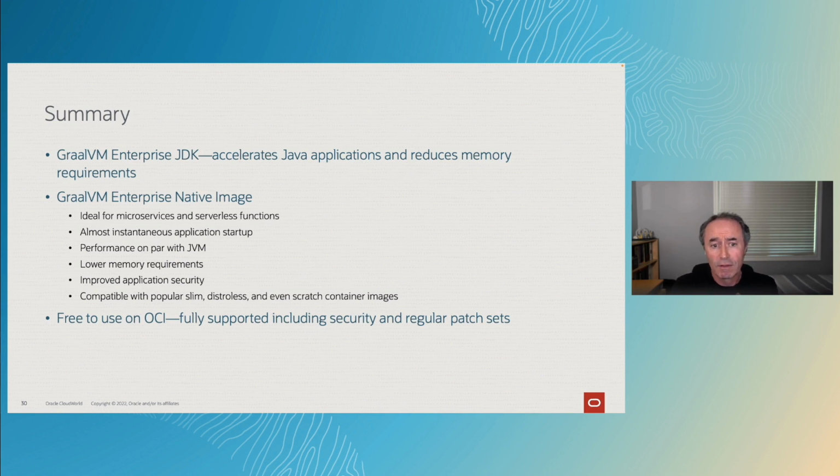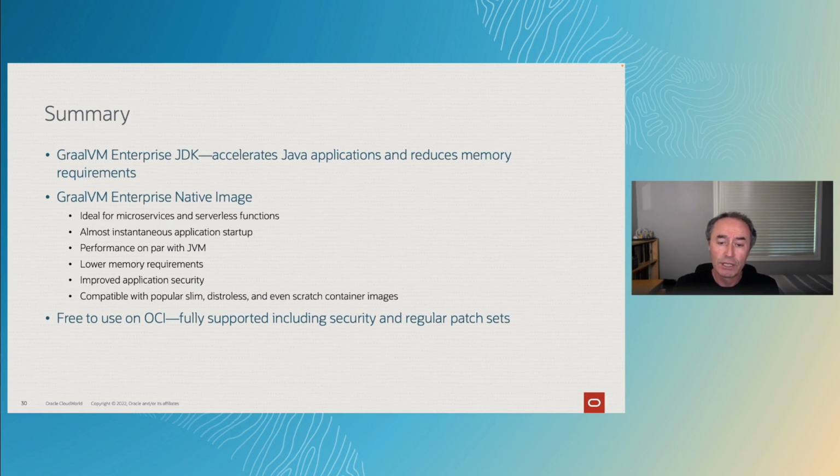But if you're using GraalVM Enterprise Native Image, it's perfect for microservices and serverless functions across platforms. Things start really fast. We saw the performance on large benchmark suites is competitive with JVM, so you're in the same ballpark. You shouldn't suffer performance by making this decision to compile ahead of time.